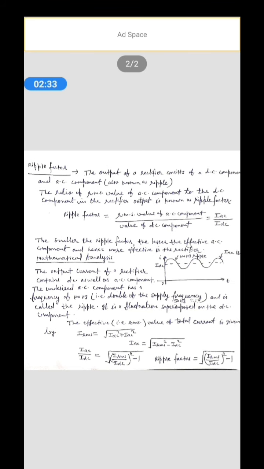The effective value of the total current is given by IRMS equals square root of IDC square plus IAC square.